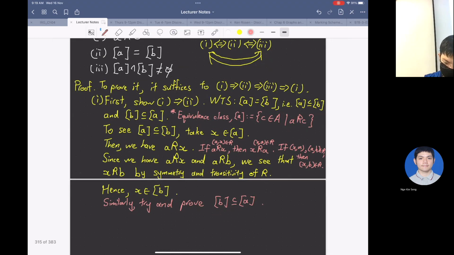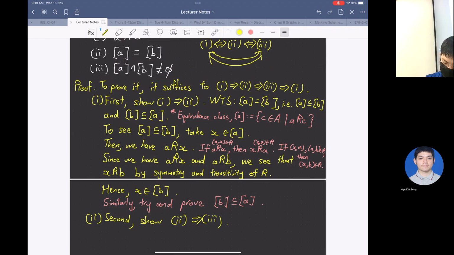Okay, next, part 2: we want to show 2 implies 3. So let's assume the equivalent classes are the same, and then we want to show that this intersection is not empty.